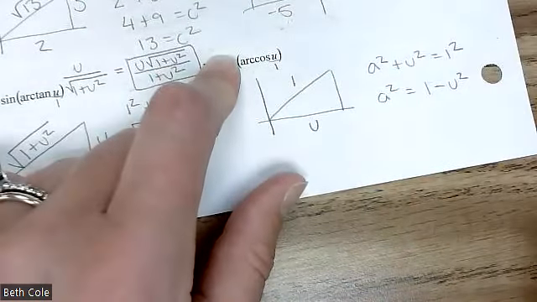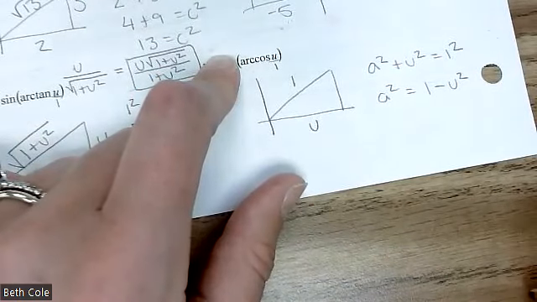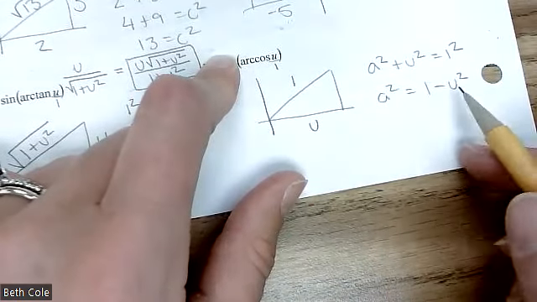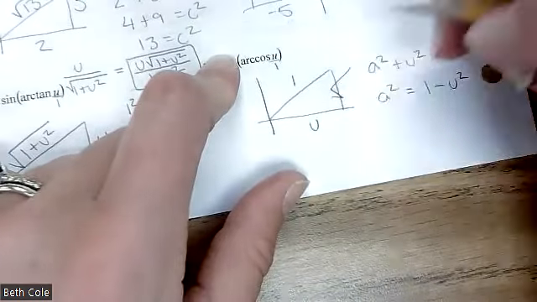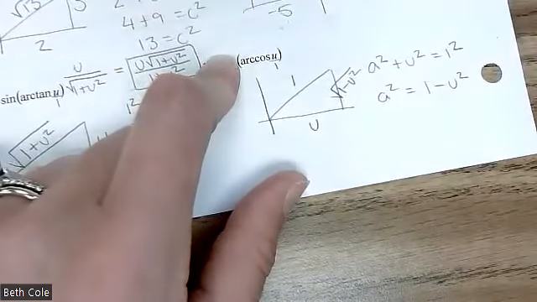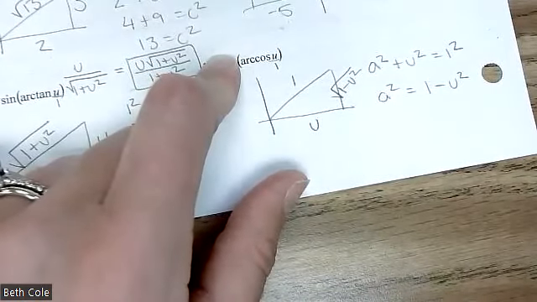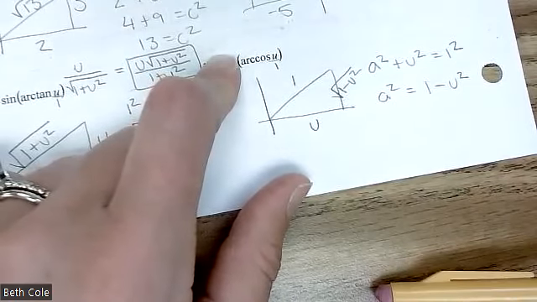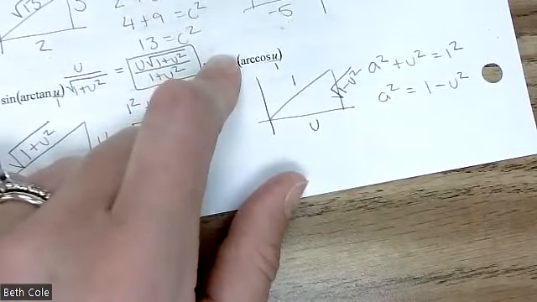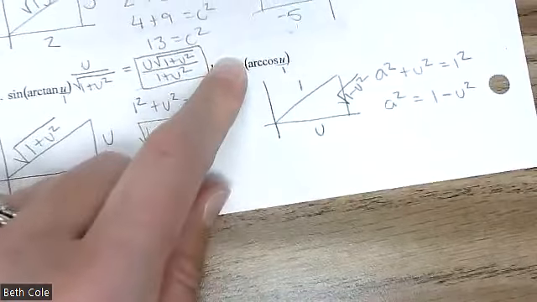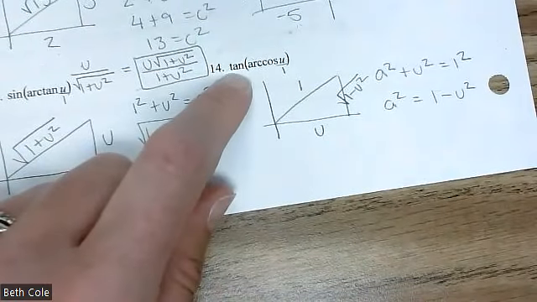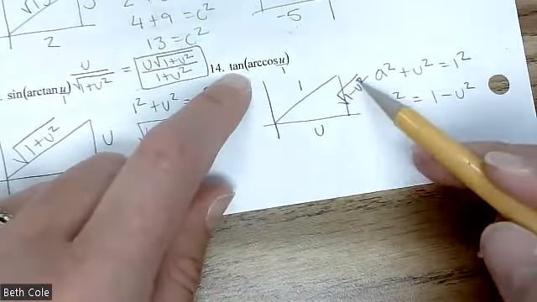So 1 minus u squared. 1 squared is just 1. And then your last step, you would square root all that. Just don't discriminate. Whatever it comes out to is whatever it comes out to. Now that's like your work. I'm going to take my finger back off the problem. Oh, I did. I just wrote it right there.